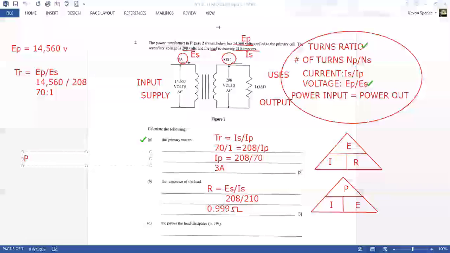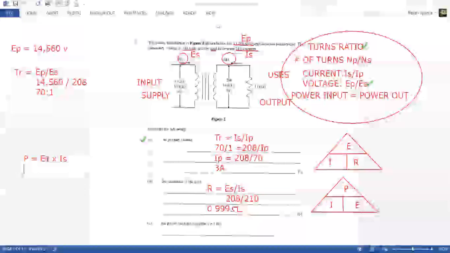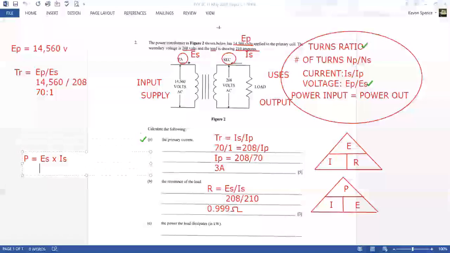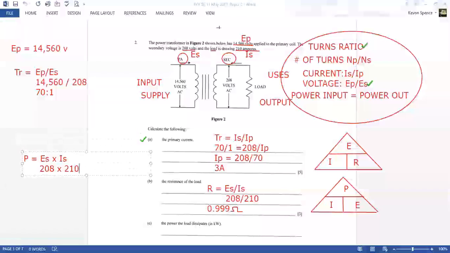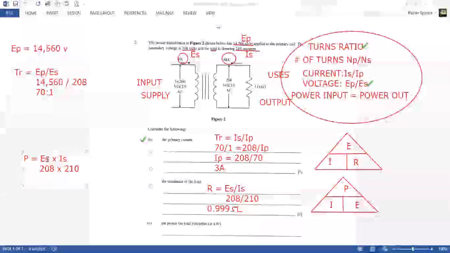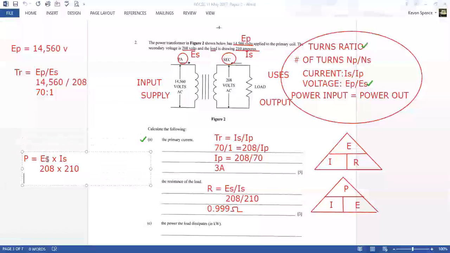So P will be equal to voltage secondary ES times IS. And that will be 208 times 210.